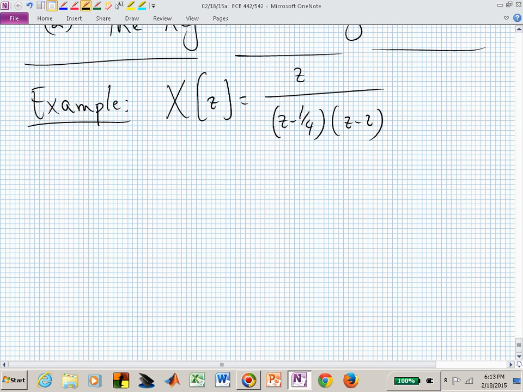And without me giving you a region of convergence, do you see how you could make that have all sorts of different waveforms in the time domain based on our three different patterns? We could have one pattern where the region of convergence is exterior to those two poles. Would your system have a bounded response if that was the case?